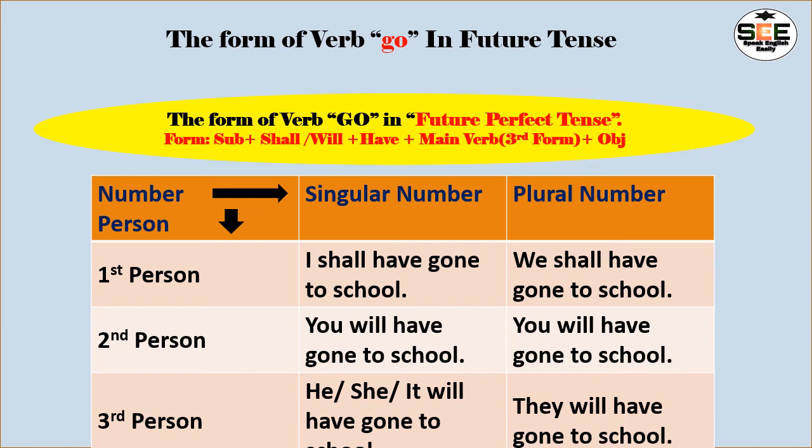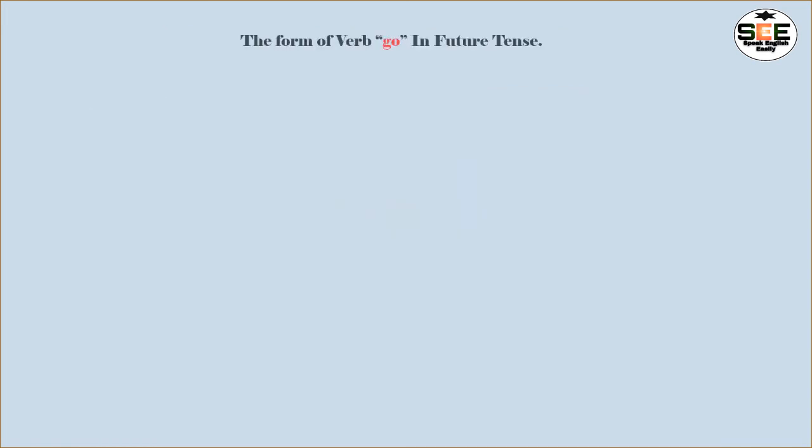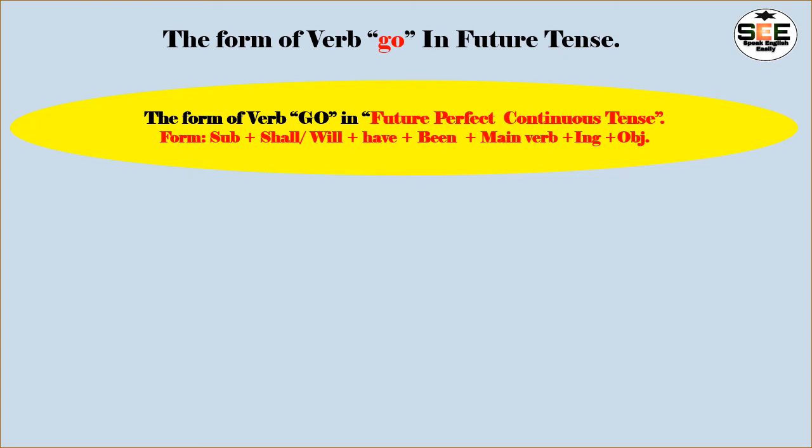So let's see the last one. It is the form of verb go in future perfect continuous tense: subject plus shall or will plus have plus been plus main verb plus ing plus object. Yes, friend.